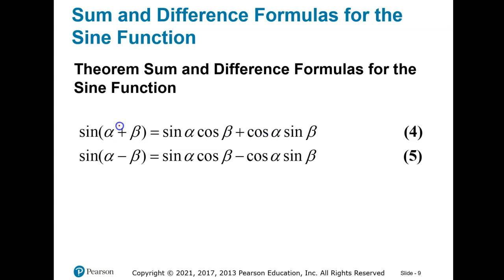The other thing to get down is when it's sine, we don't change the sign between the expressions. So when it's plus, we add. When it's a minus, we subtract. So cosine stays the same trig function, cosine, cosine, sine, sine, and then it changes the sign of the plus or minus. But sine keeps the sign of the plus or minus, but it changes trig functions from one group to the next.